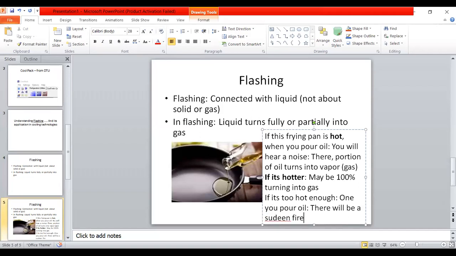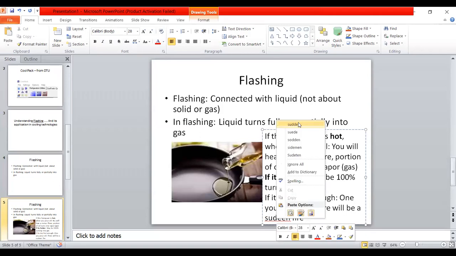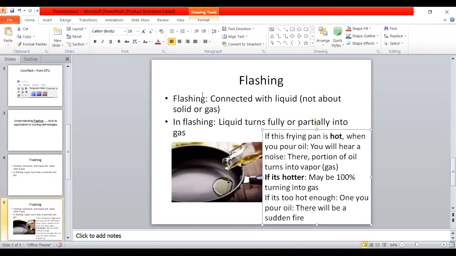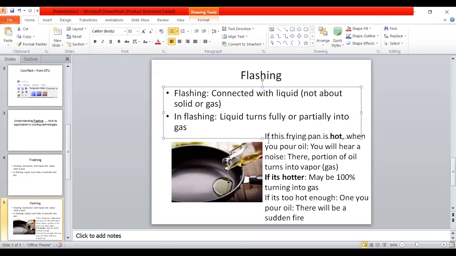Okay, sudden fire. Because sometimes when the chefs practice cooking, you can see fire in the oil. Some art of cooking, I don't know. There could even be fire in the oil, but there is a possibility.